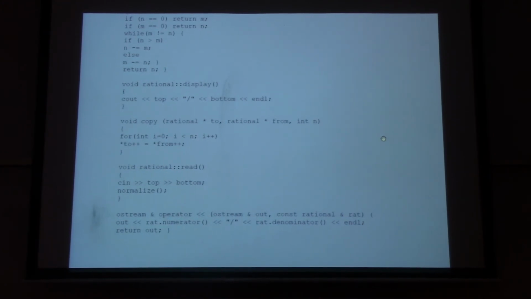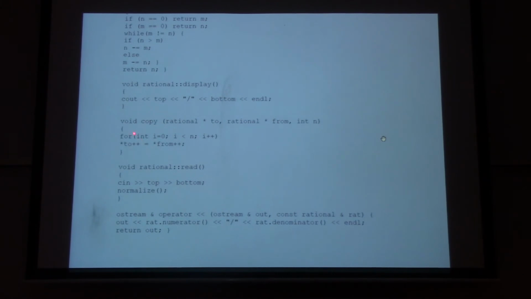It is in the CPP file, right? We didn't have it in the header. What's the first parameter? The parameter is a rational pointer and another rational pointer and an int.